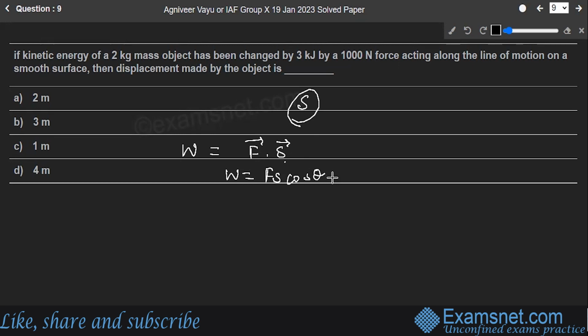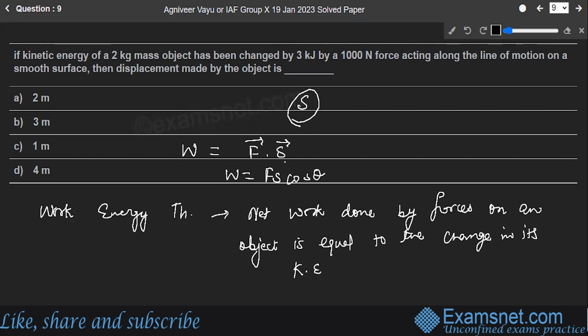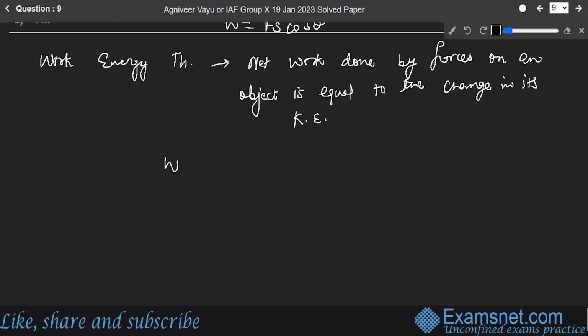According to the work energy theorem, the net work done by forces on an object is equal to the change in its kinetic energy. So the amount of work done on a body is nothing but the change in the kinetic energy. Delta KE represents the change in the kinetic energy.